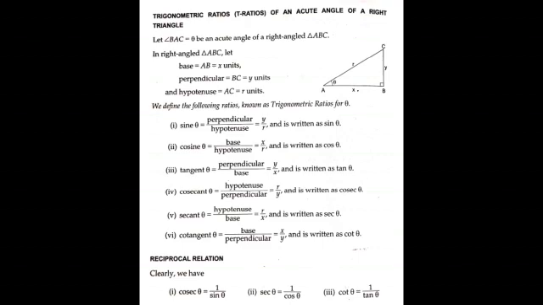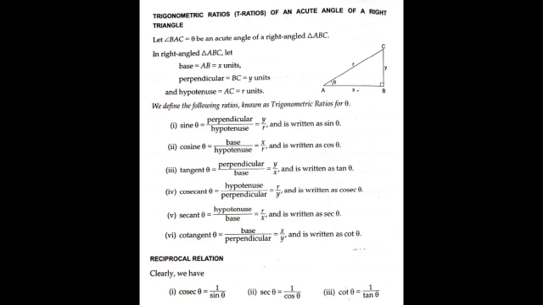Fourth ratio is cosecant theta, which is equal to hypotenuse by perpendicular, that is r by y here, and is written as cosec theta. Then the fifth ratio is secant theta, which is equal to hypotenuse by base. It is equal to r by x in the given figure and is written as sec theta.